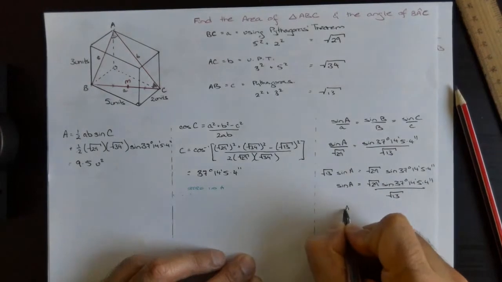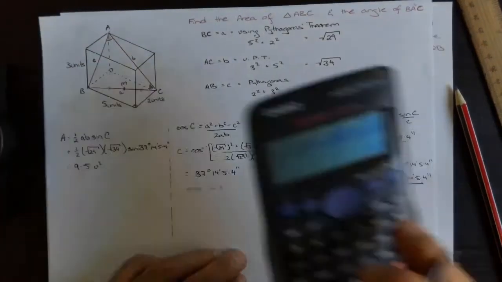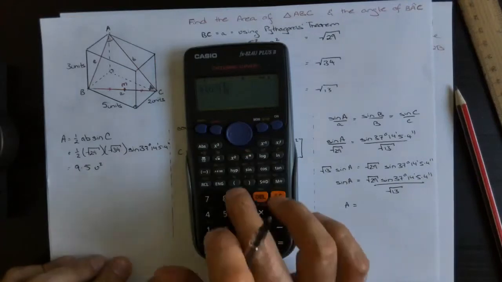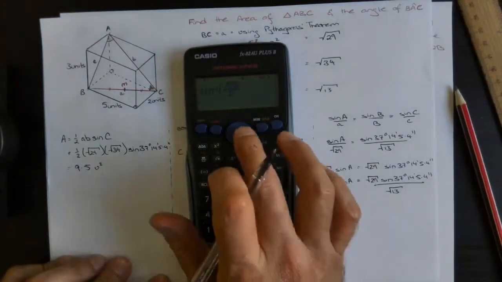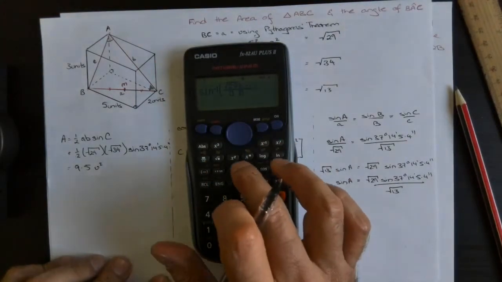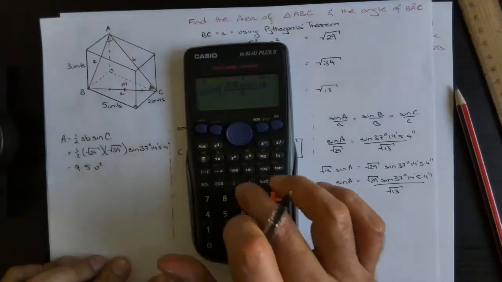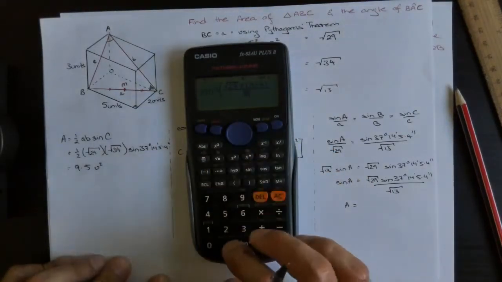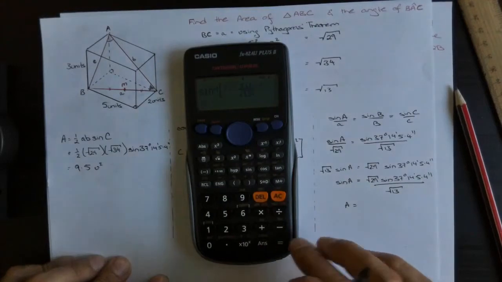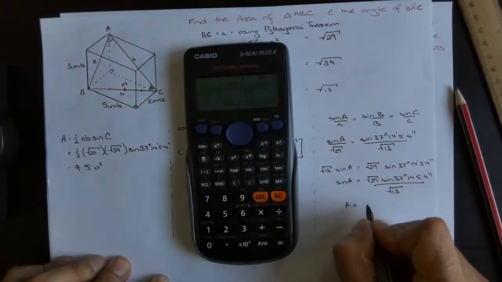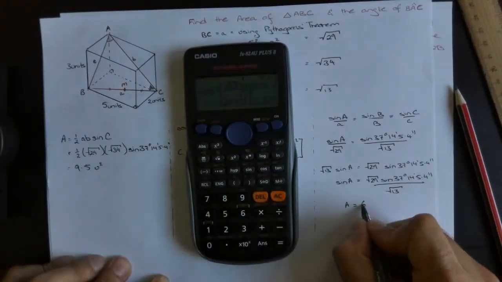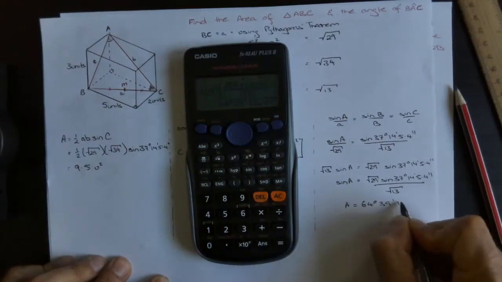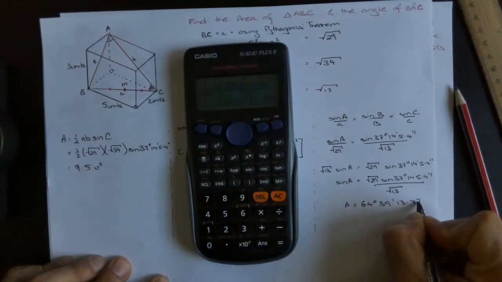And then we want to have the inverse. So inverse sine of square root 29 sine A over square root 13, and I get 64 degrees, 39 minutes and 13 seconds.